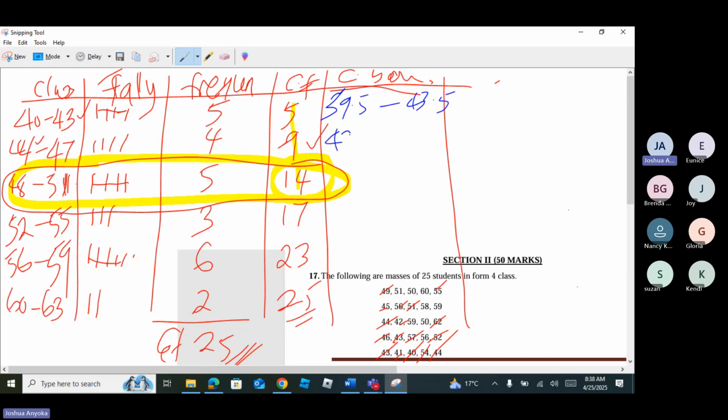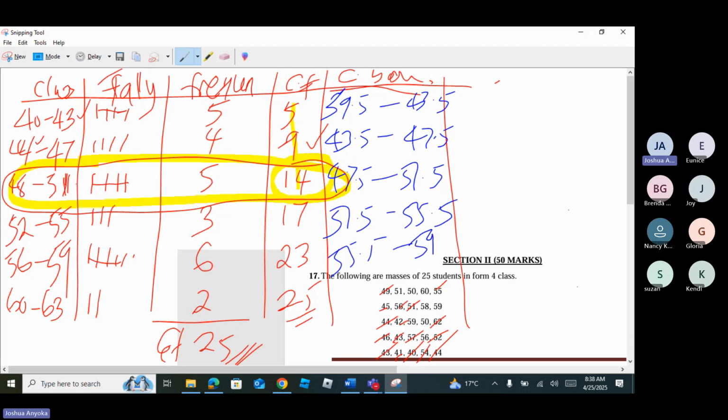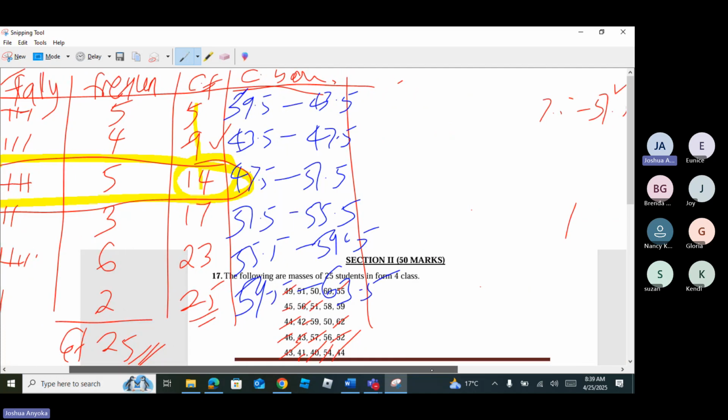Then we have 43.5 to 47.5. Then 47.5 to 51.5. 51.5 to 55.5. 55.5 to 59.5. 59.5 to 63.5. So we need this column for the frequency for the boundaries.